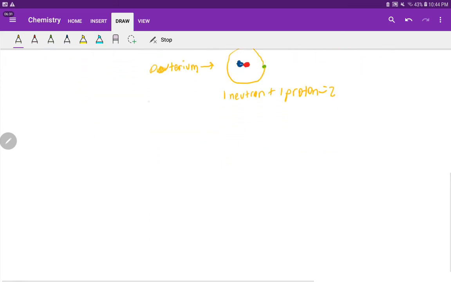And then there's a third isotope called tritium, which has one proton and two neutrons, like this, along with that one electron. And tritium has an atomic mass of 1 proton plus 2 neutrons equals 3.